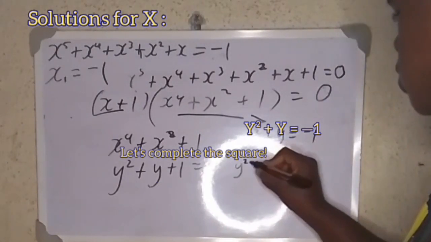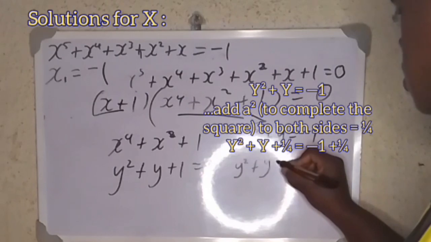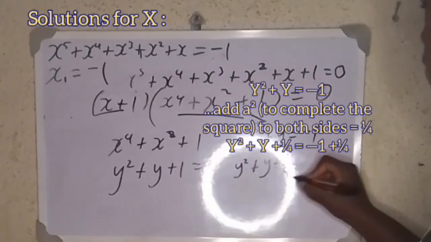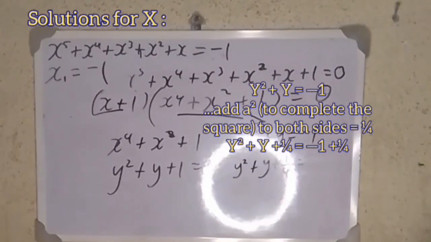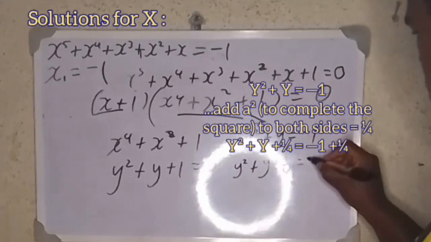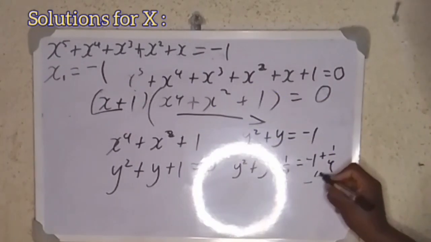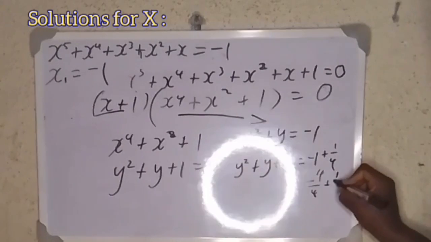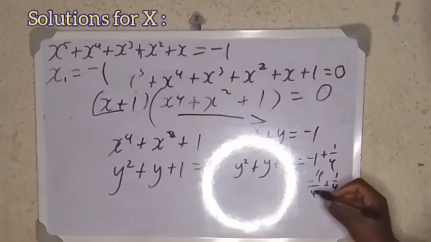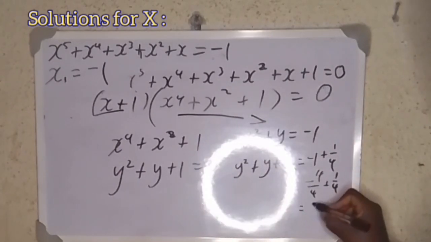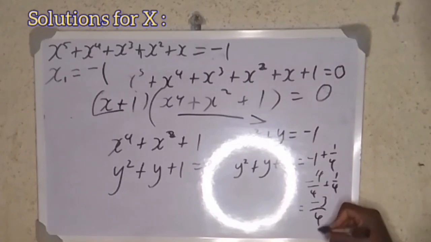This will give us y squared plus y plus 1 over 4 is equal to negative 1 plus 1 over 4. This is the same as negative 4 over 4 plus 1 over 4, and that is equal to negative 3 over 4.